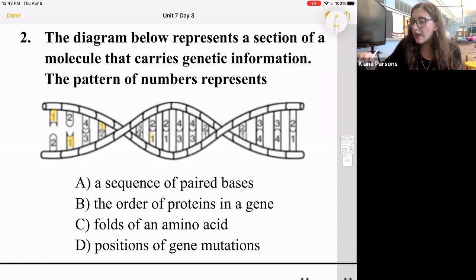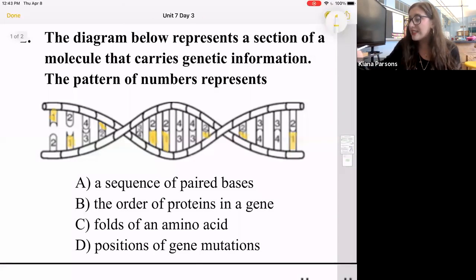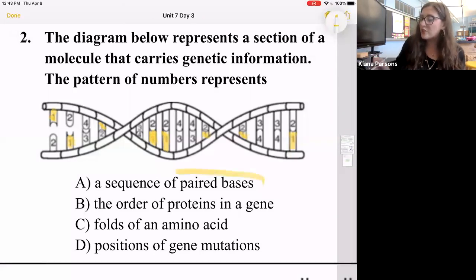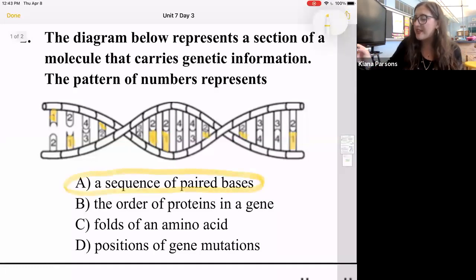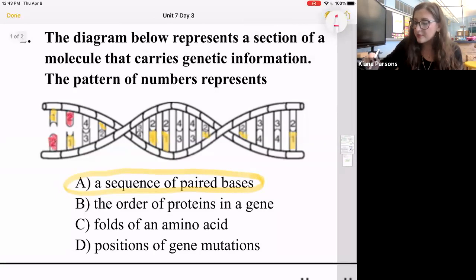The base pairing rule is usually represented by letters A, T, G, and C. But by using these 4 repeating numbers, this demonstrates the same thing, right? It demonstrates the sequence of paired bases. We can see all the 1s are paired with 2s, and all the 3s are paired with 4s.